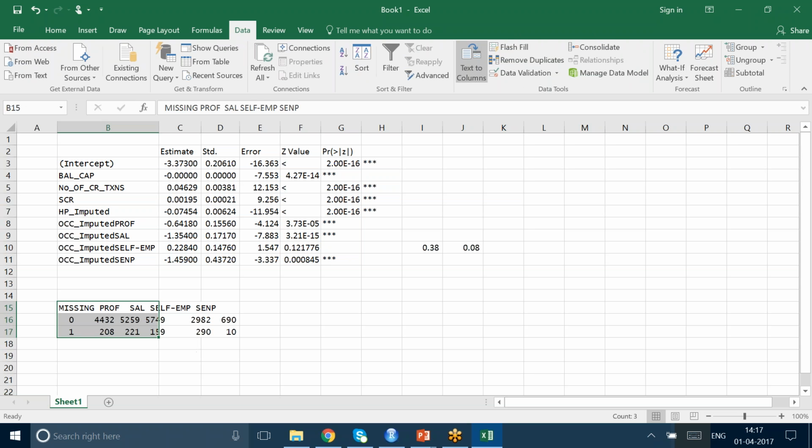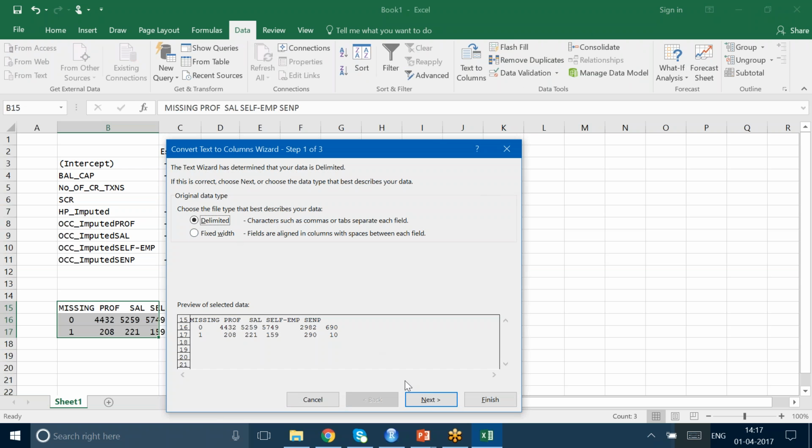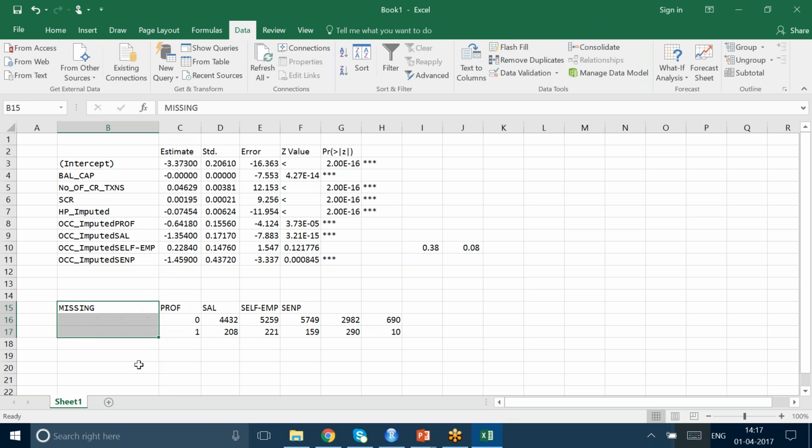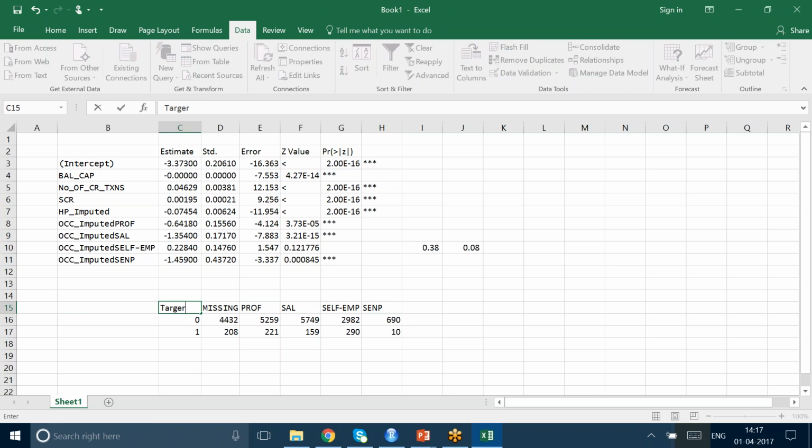Text to column, delimited, next, finish. So this is my target, total equal to sum. What is the response rate?